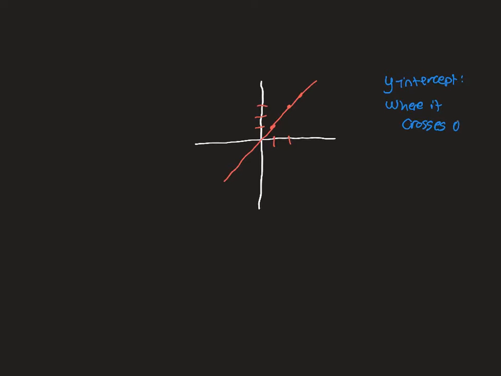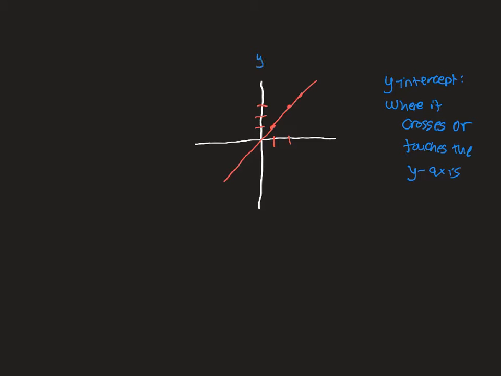Okay, so going back to this example here. So we have 1, 2, 3. This is my line. The y-intercept is where it crosses or touches the y-axis.